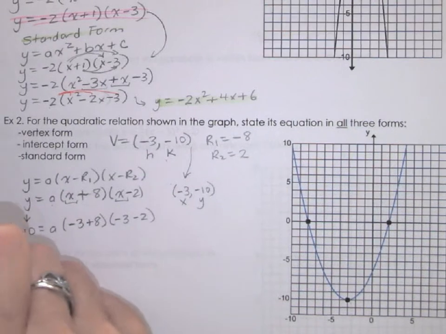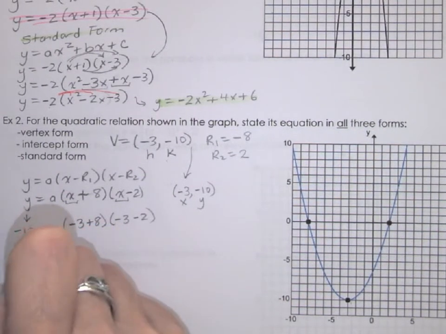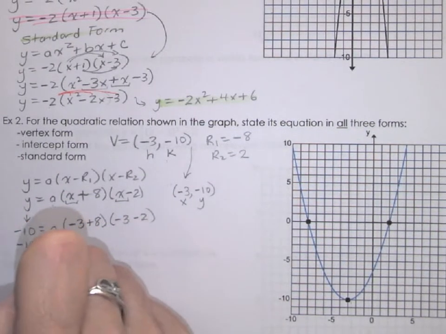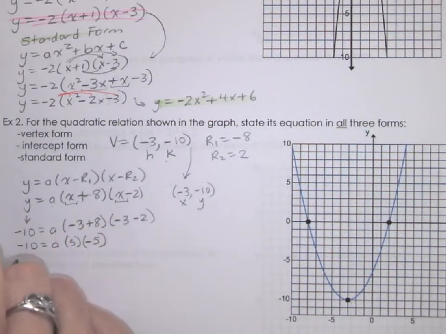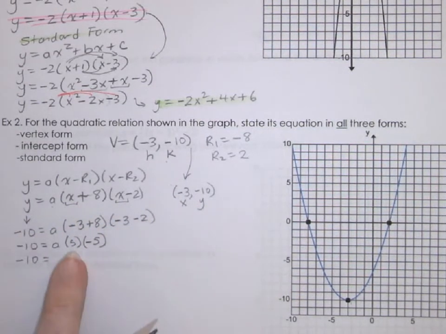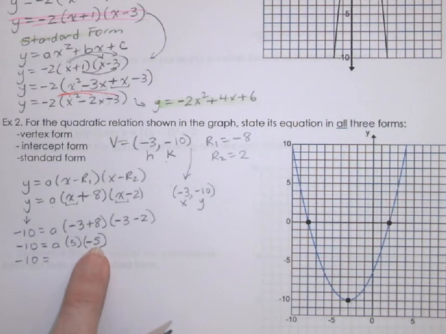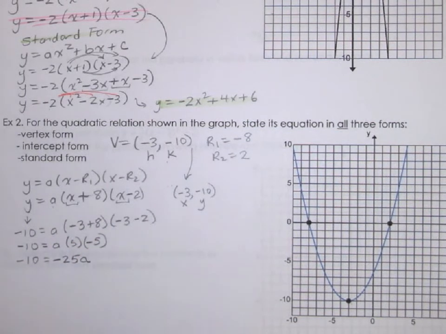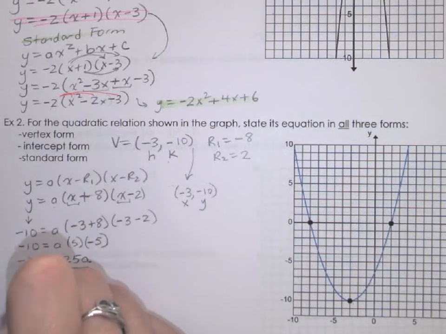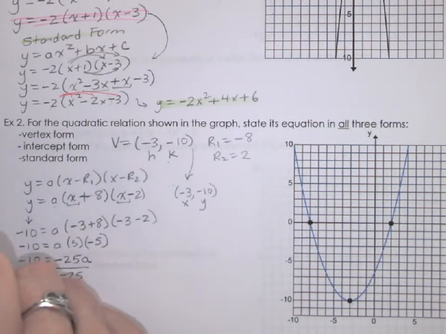So we get negative 10 equals a times positive 5 times negative 5. Negative 10 equals, so positive 5 times negative 5 is negative 25, and negative 25 times a is negative 25a. And it's a that we want to get by itself, so we're going to divide both sides by negative 25.